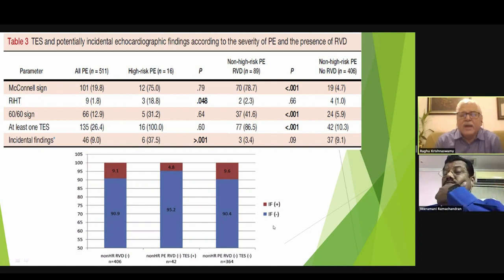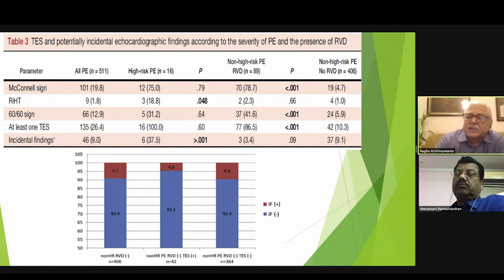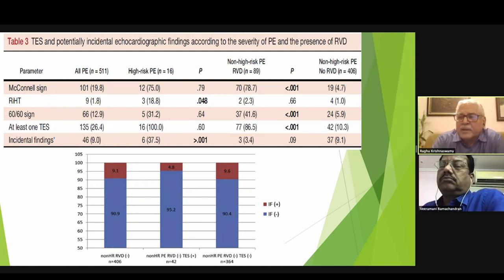So what they argue is that one of the problems with echocardiography in pulmonary embolism is that sometimes it can mislead you, because if there are other incidental findings like severe aortic stenosis, severe aortic regurgitation or wall motion abnormality, then the echocardiogram tends to take you away from the suspicion of pulmonary embolism, and this is something that we always need to keep in mind.